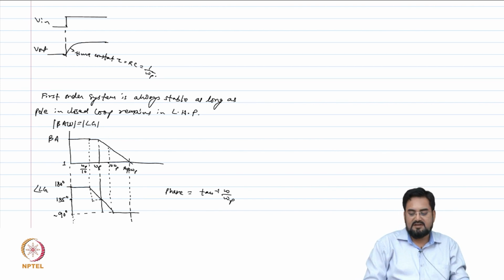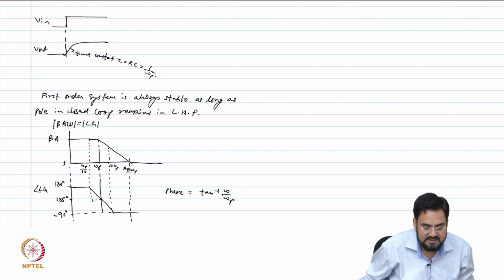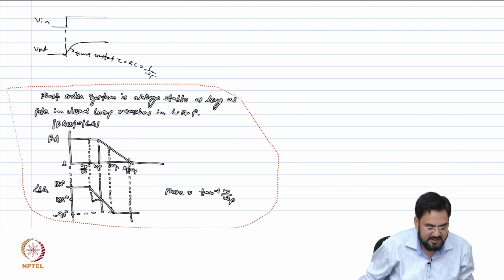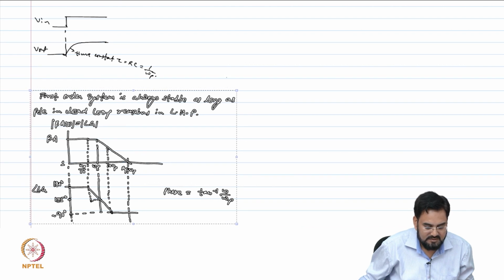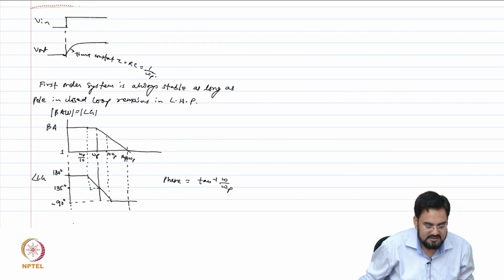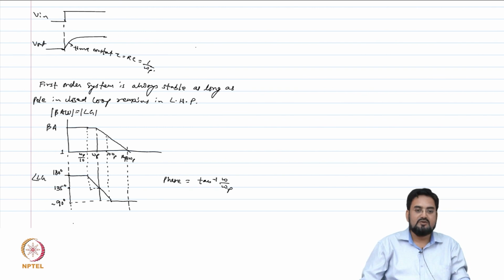So what was the condition for instability? When would this system become unstable? We just saw that the phase is 180 and the gain is minimum 1. By the way, this is called the Barkhausen criteria.